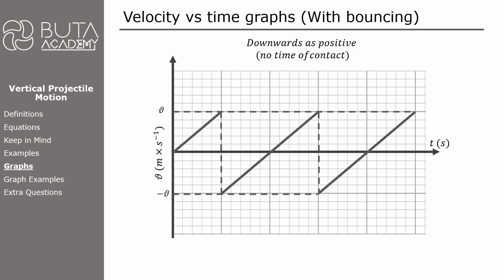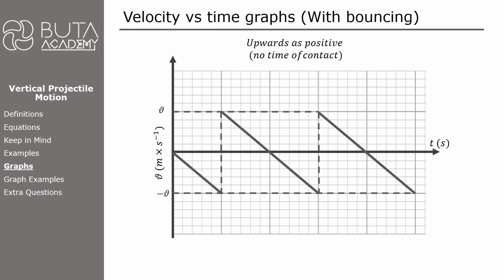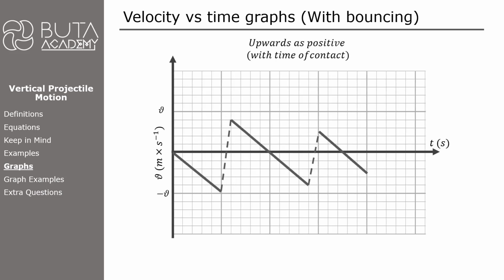Simply put, we will need to mirror all the lines on the graph around the x-axis. On the screen, we can see the graph we have drawn before for the cases with downwards chosen as positive direction and the ball having time of contact with the surface. The only difference when we choose upwards as positive is the mirroring of the graph against the x-axis.